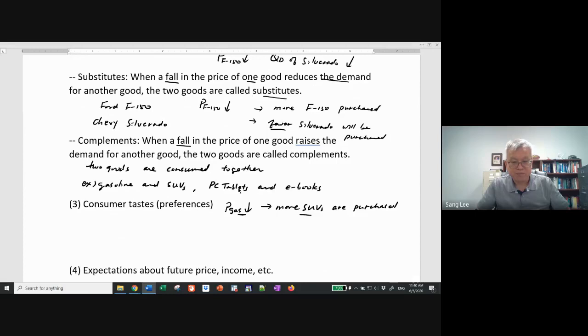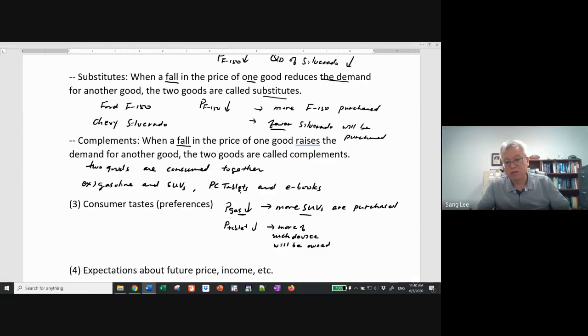Or here, let's say PC tablet prices are going down. As they get cheaper, more such devices will be owned.